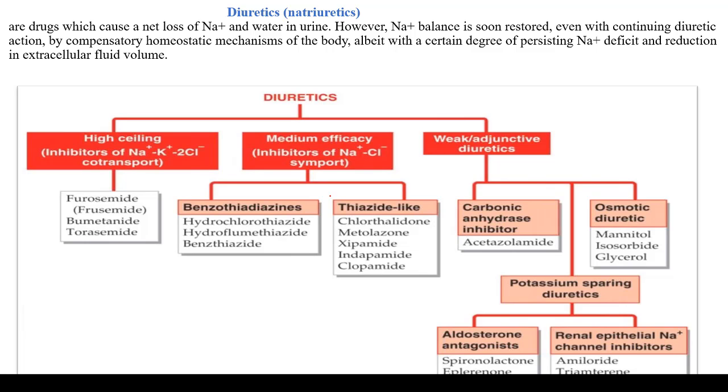In aldosterone antagonists, the drug is spironolactone. Among renal epithelial sodium channel inhibitors is amiloride. The next subclassification of weak diuretics is osmotic diuretics, and the drugs under osmotic diuretics are mannitol and glycerol.